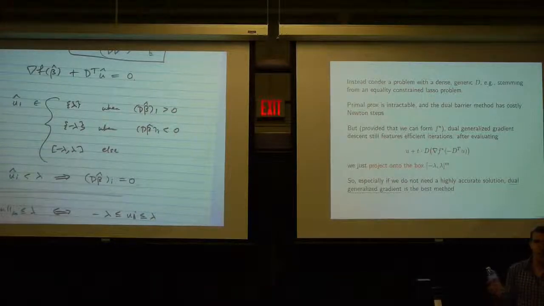So if that's dense, yeah, it's a pain, but it's not nearly the same as solving a linear system in D transpose. We can still multiply by a large dense matrix. And once I've done that to get the gradient, I just cut it off at minus lambda or lambda on each component, right? That's projecting onto the box. So in this case, dual generalized gradient is really the one you want to go with.